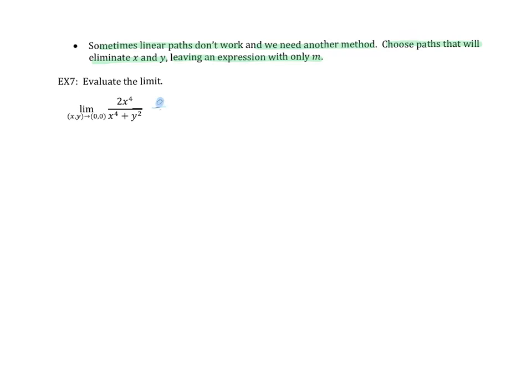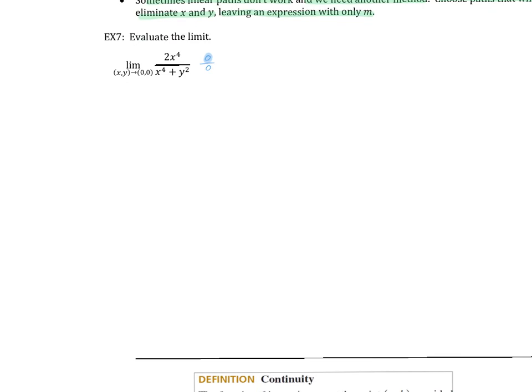So I know it's an indeterminate form. When I look at it, I don't see any algebra that's going to help me. What I do notice is that I have an x to the fourth and x to the fourth, but the y is squared. So if I simply square that and replace the y with an x, I'll get another x to the fourth. So a linear path is not going to work.